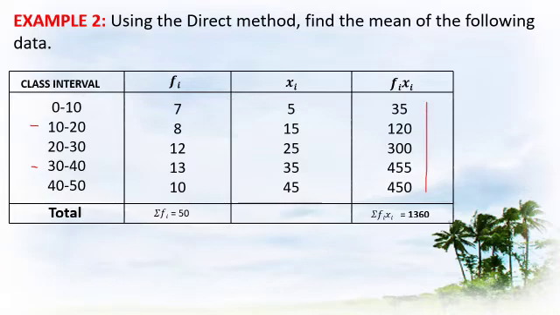You will get 1360 as the sum. Now we will apply the formula, that is, x bar is equal to sigma fi xi upon sigma fi. That is 1360 divided by 50, which is equal to 27.2. So the mean of this data is 27.2.